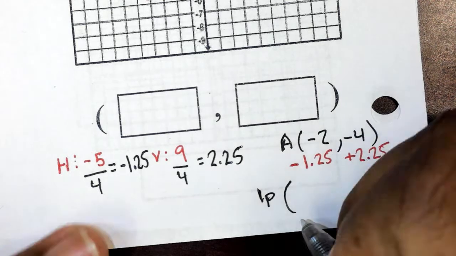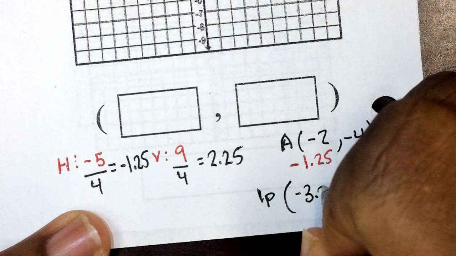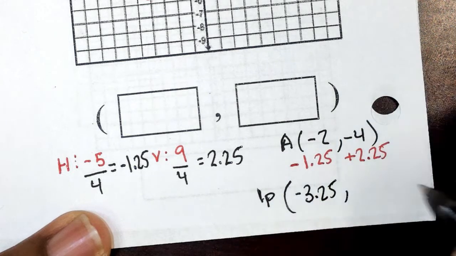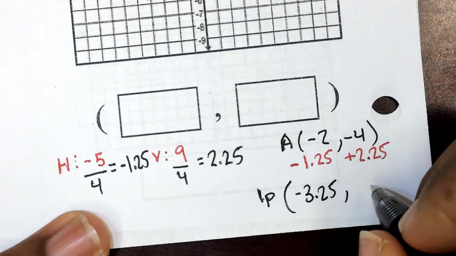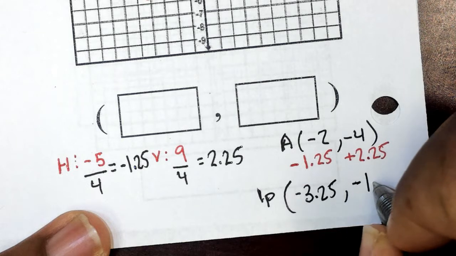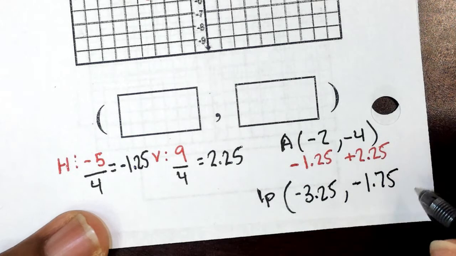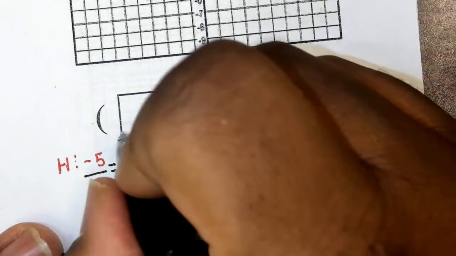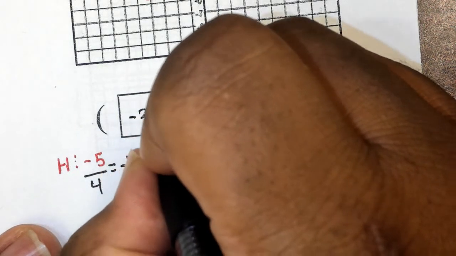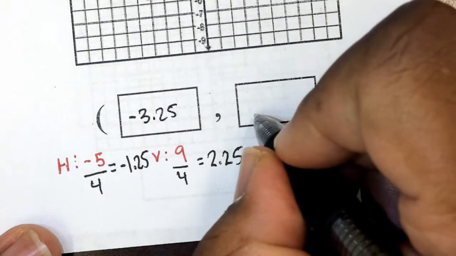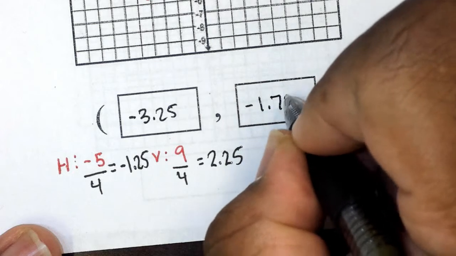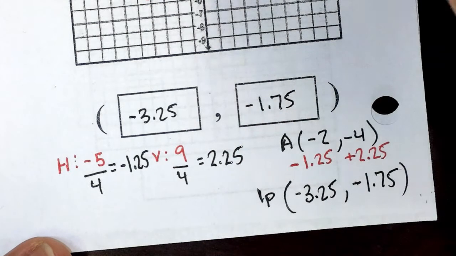It's negative 3.25, comma, negative 1.75. So negative 3.25, negative 1.75. That's telling me where my first partition point is going to be.